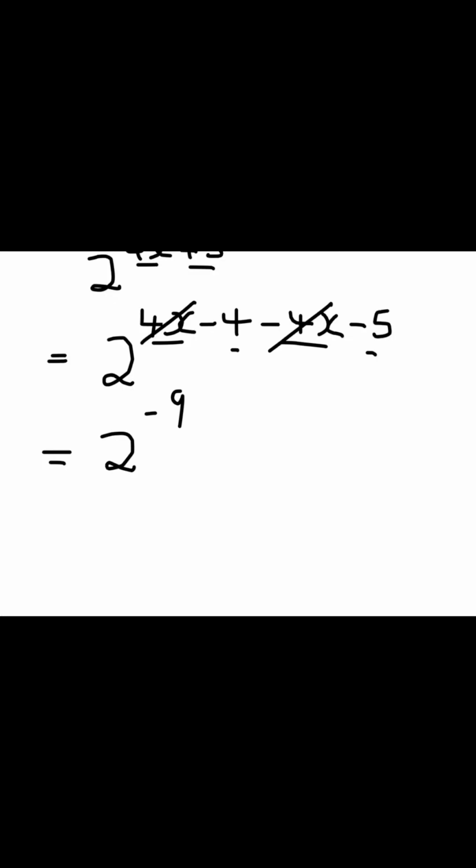So you see, now you have it as a negative exponent. You don't want to have your final answer as a negative exponent. You will therefore have to rewrite it such that you have that invisible one there, which is the one that remains at the top, and then this one you rewrite it there as 2 to the exponent of 9. You see, now you are having it as a positive exponent.